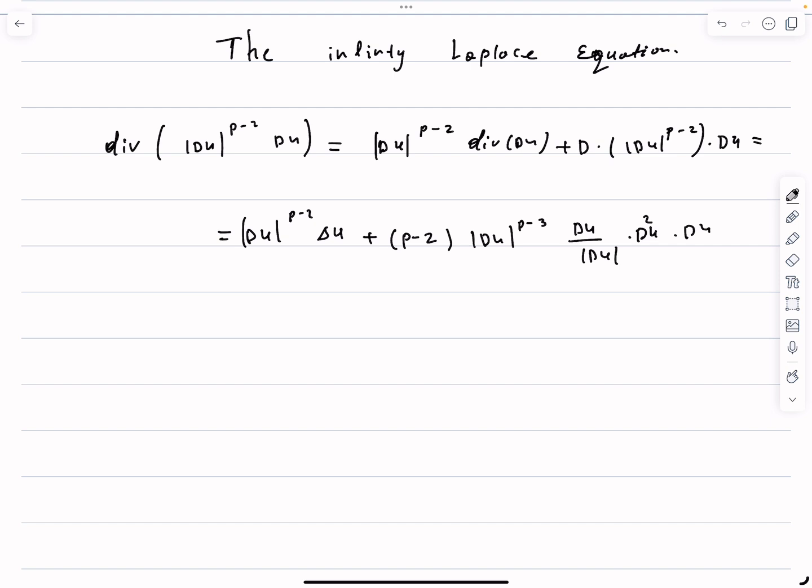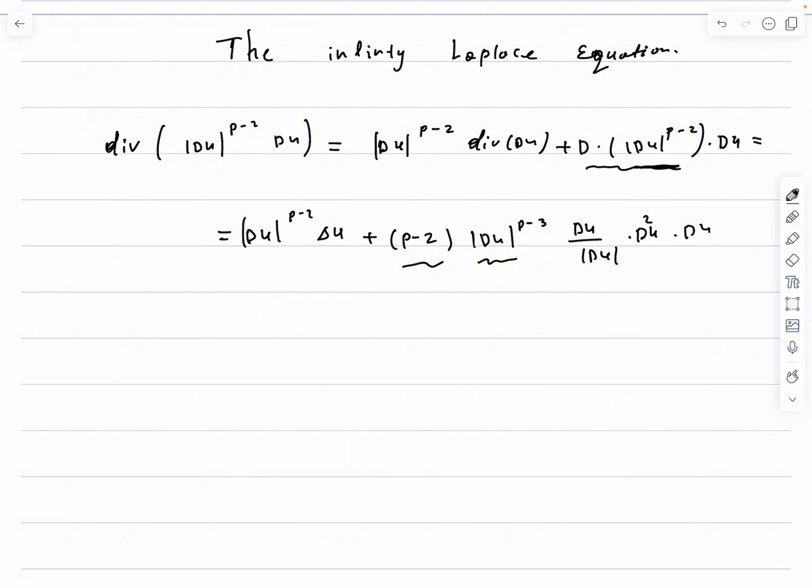Why does it become like this? Because we are taking a derivative of this one inside, with p minus 2, and the power becomes minus 1, and again we have to take the derivative of the absolute value. It is the absolute value of du divided by the absolute value of du, times again the derivative of du multiplied by du.